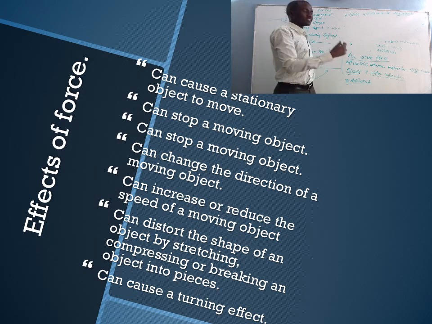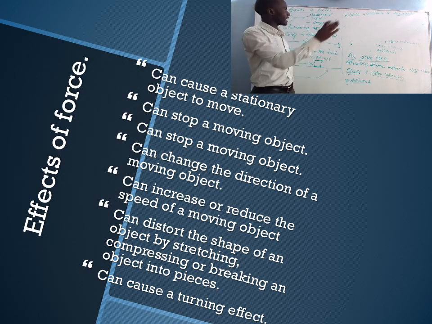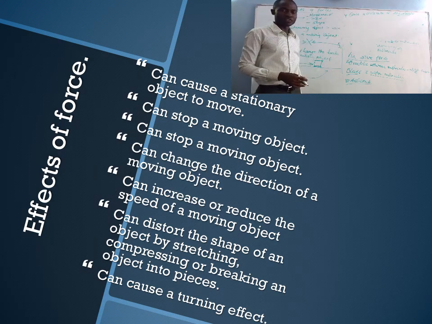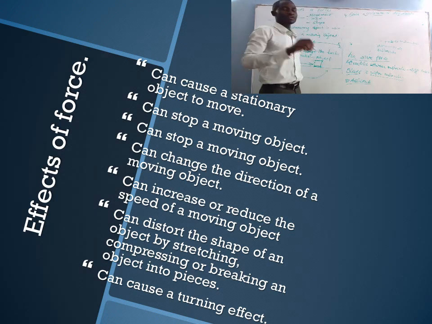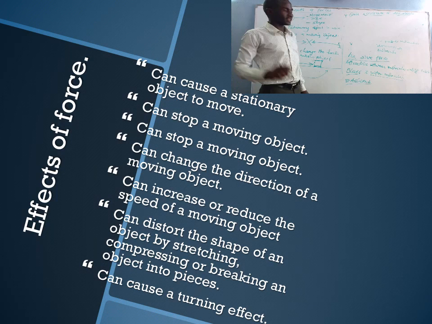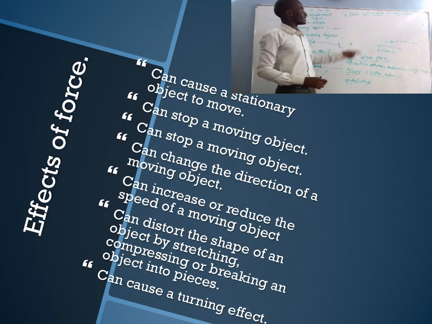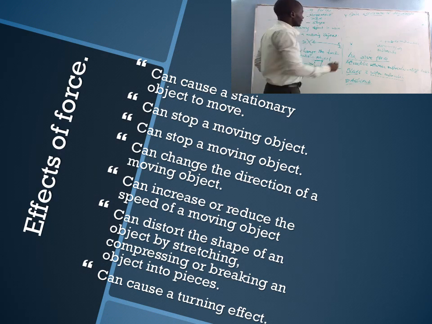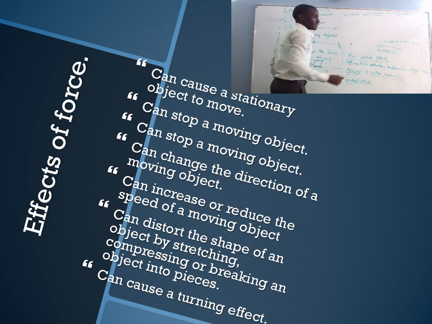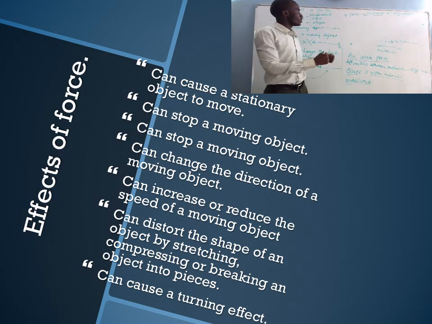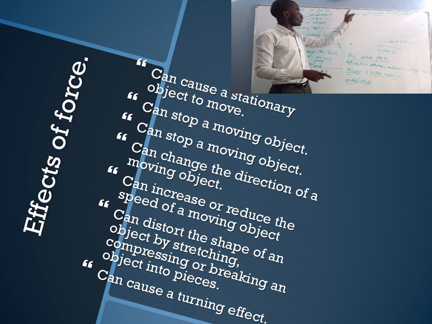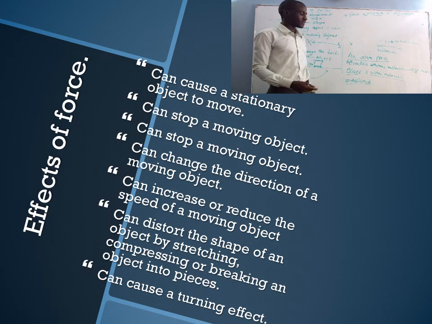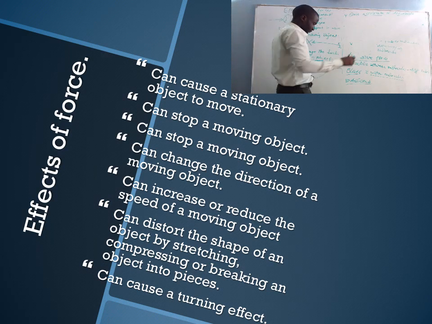But if the force is applied in the same direction as that of the moving object, then it will cause acceleration. That means that its speed will increase. So if you apply a force to a moving object in the same direction as the object, then the speed of that object will increase.